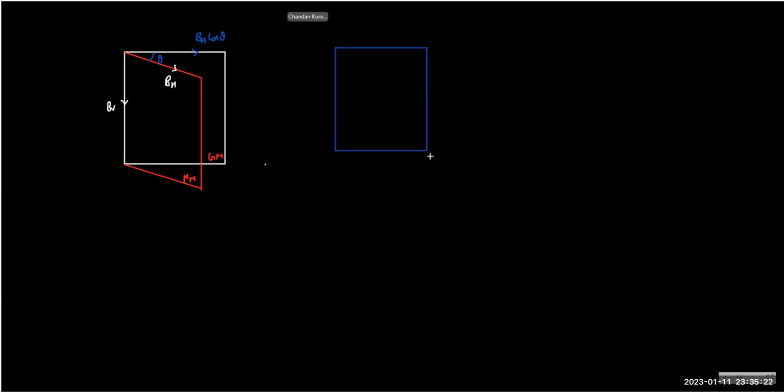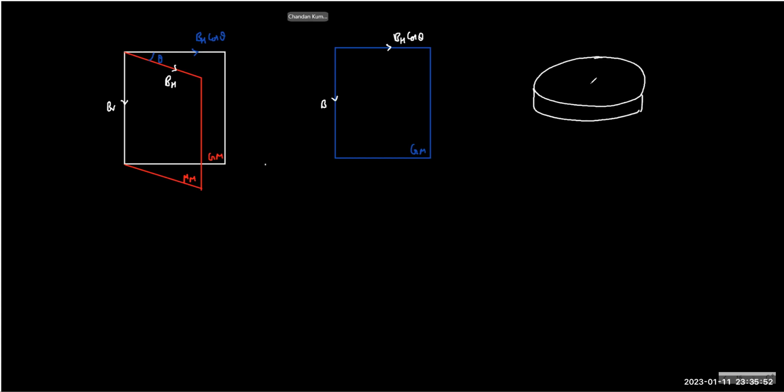So in the geometric meridian, the component is BH cos theta and BV. If I force a compass to remain in this plane, let me give you an example of how it is confined. Let's say we have a glass case with a needle which is intact.